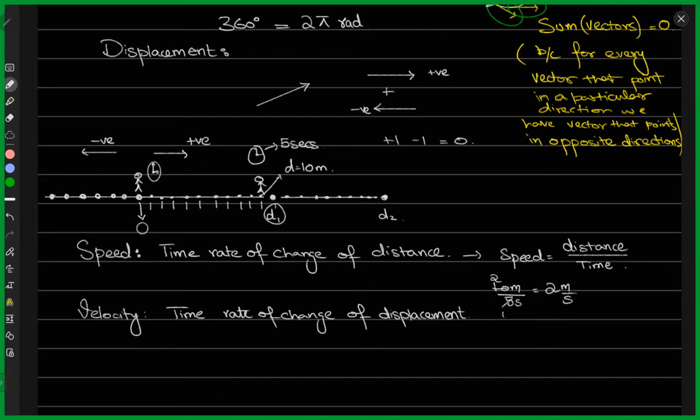Or you could say the opposite. It doesn't matter. You could have said that moving to the right is negative and moving to the left is positive. But whichever of these two you choose, you have to stick with one of them and use it throughout the entire calculation. So there is nothing special about right being positive and left being negative. That's something you should know at this stage.